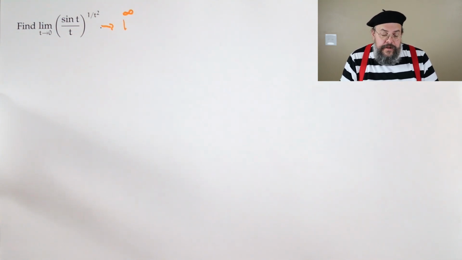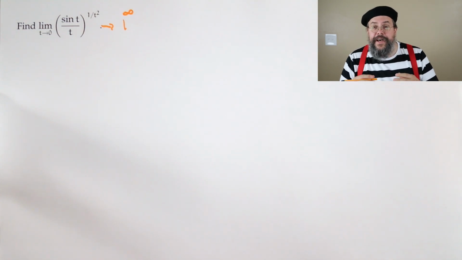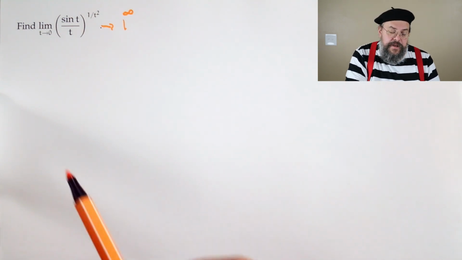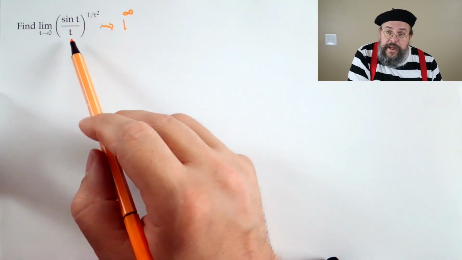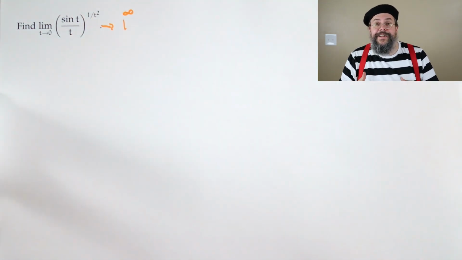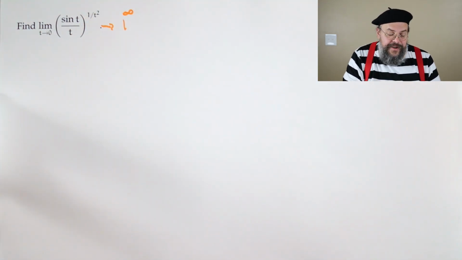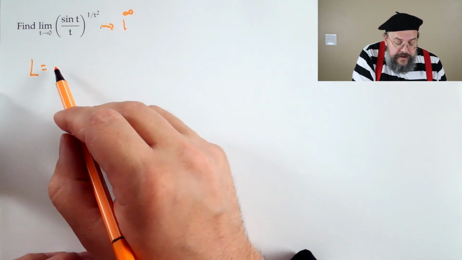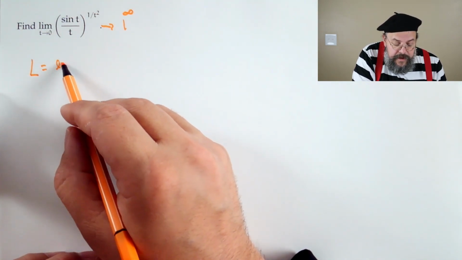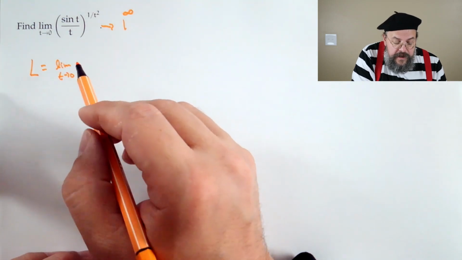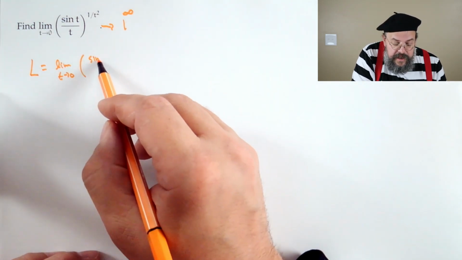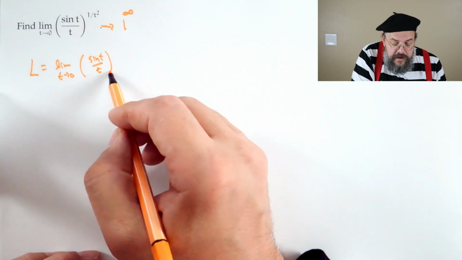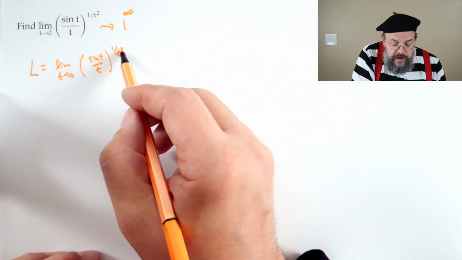Well, what we need to do is to find a way to get into a fraction. And whenever we have something both downstairs and upstairs, as we do here, the way we do that is logs. So let's suppose we say L is our answer. So it's our limit as t goes to 0 of sine of t over t to the 1 over t squared.